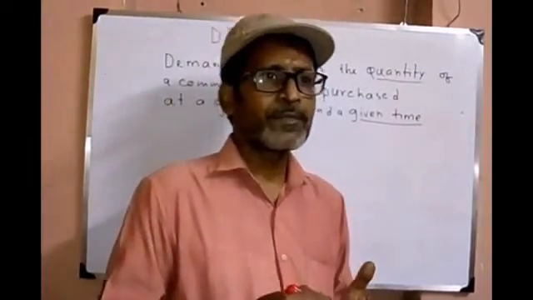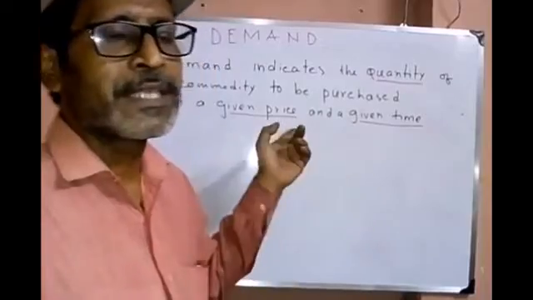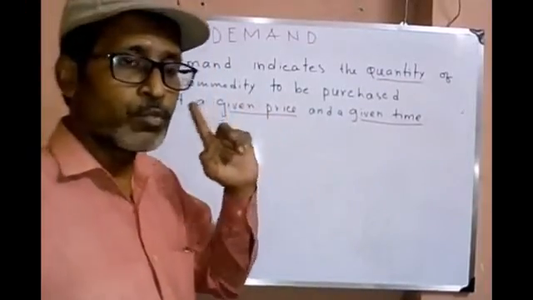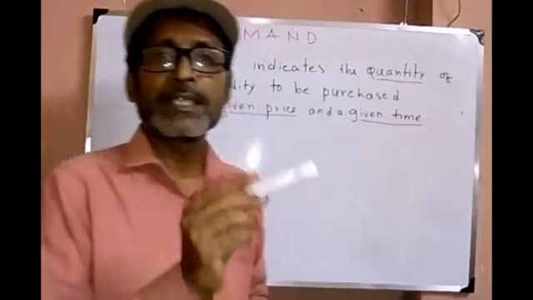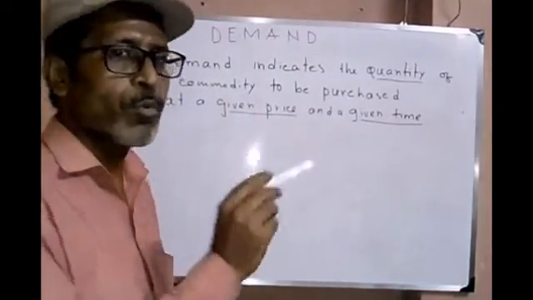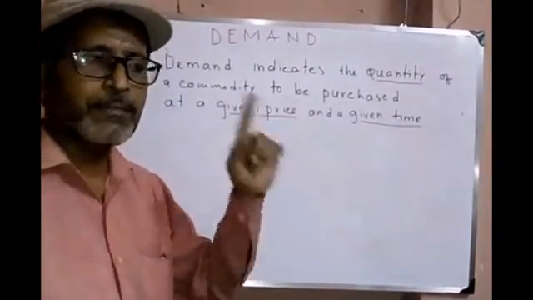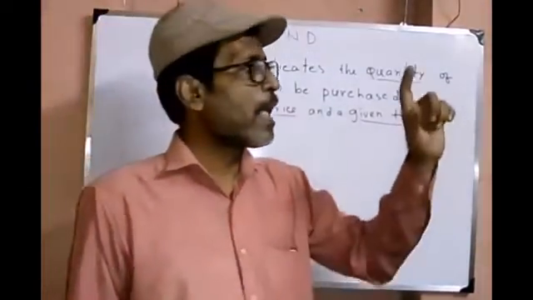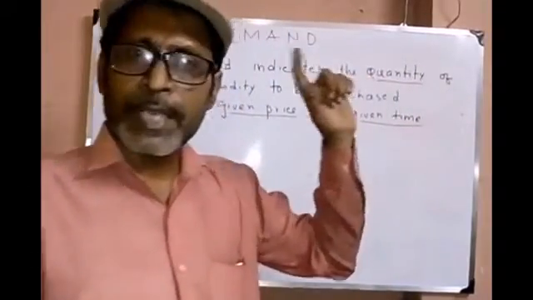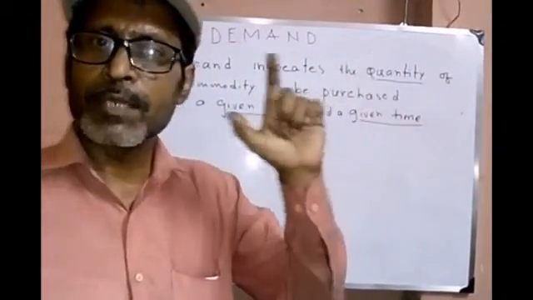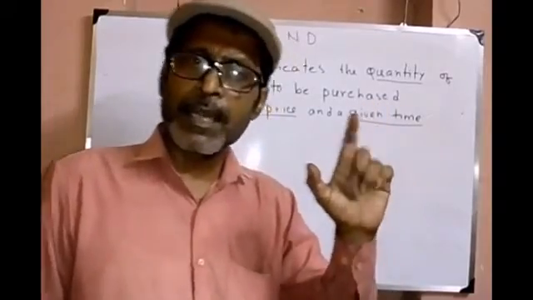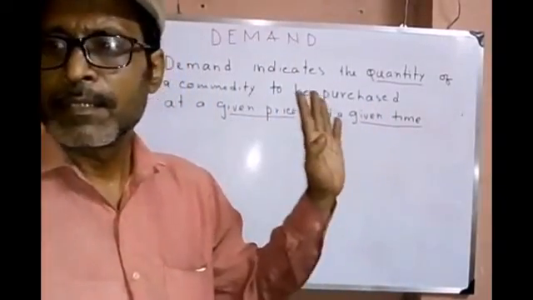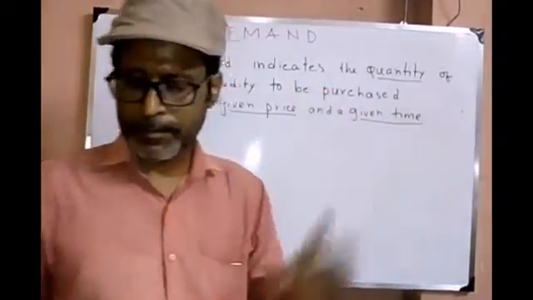So while you are writing the definition of demand, you should write: demand indicates the quantity of goods or commodity to be purchased by the consumer at a particular time and at a particular price. Clear? Otherwise the definition is incomplete.